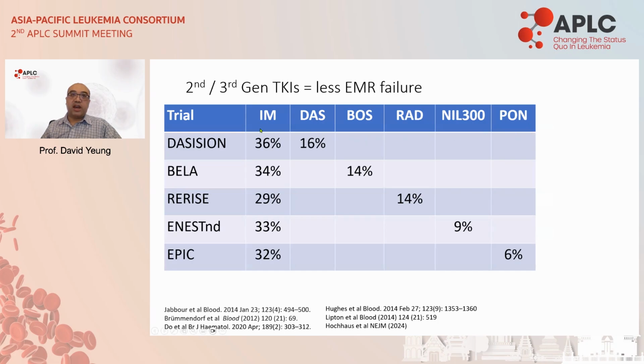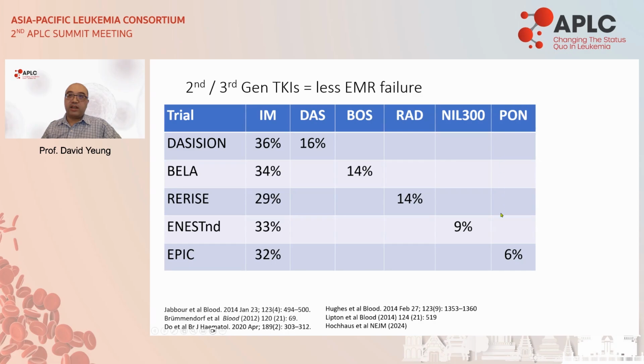And you'll see here across the board, about a third of patients starting imatinib 400 milligrams will have BCR-ABL greater than 10% at 3 months, failing to achieve the early molecular response. The rate for second-gen TKIs are listed here, and you can see that it's between 10 to 15%, so fairly uniform.